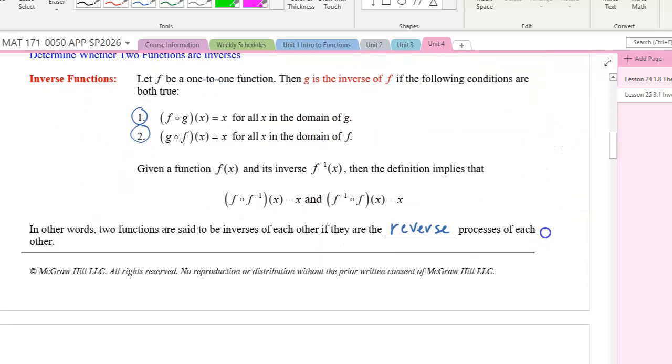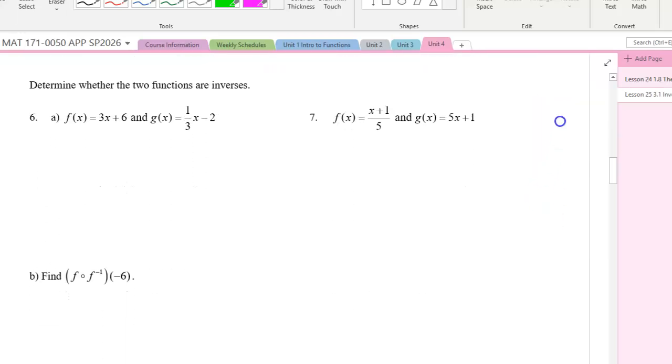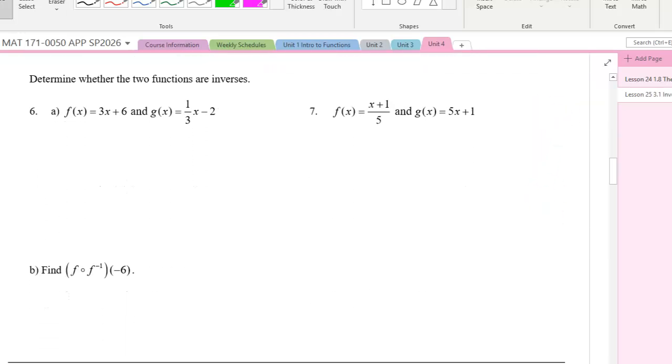All right, so let's use this definition to determine if functions are actually inverses of each other. Remember both of these have to apply. f of g of x has got to equal x. And when we do the reverse of that, g of f of x, it also has to equal x.